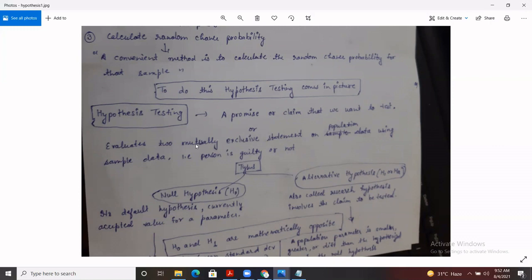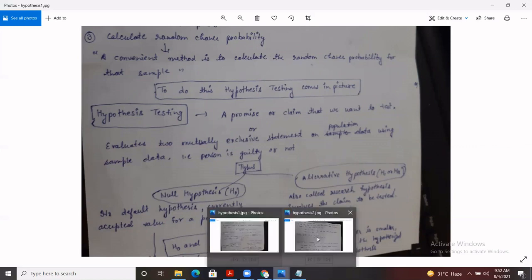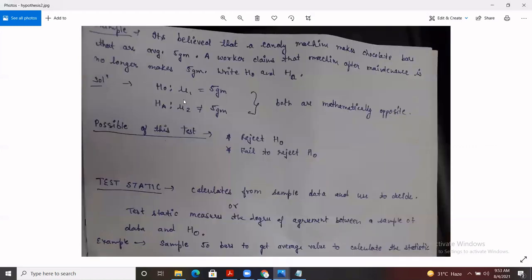So you can understand that null and alternate are mathematically opposite. Let me give you one more example so that you can understand what is null and what is alternate. Go through this example: it's believed that a candy machine makes chocolate bars that are on average 5 gram. That is a statement.